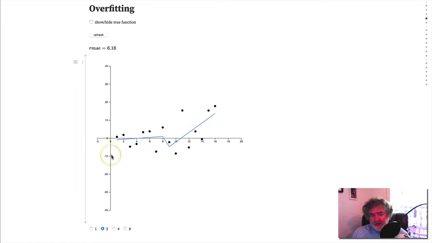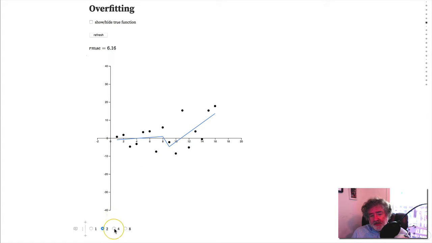I've taken the first half of points and found the best fitting line to those, and the second half and found the best fitting line to those, and just connected them. And that, of course, is going to make this function closer to this cloud of points. You can see that it reduced the root mean squared error.